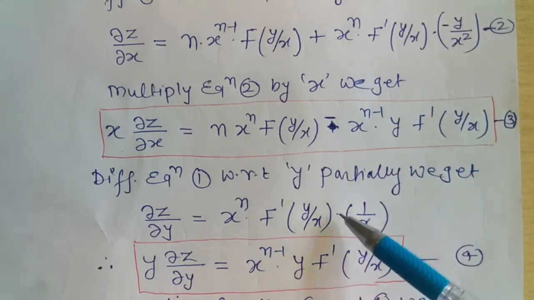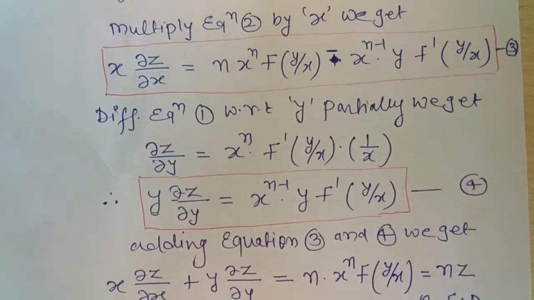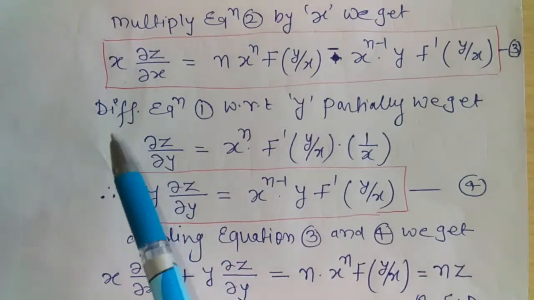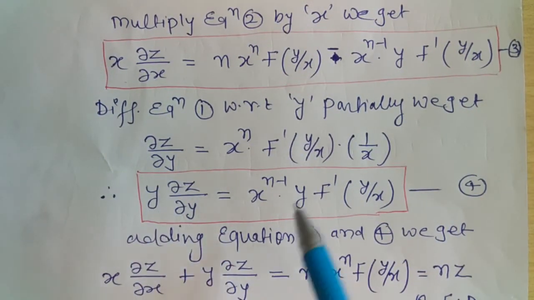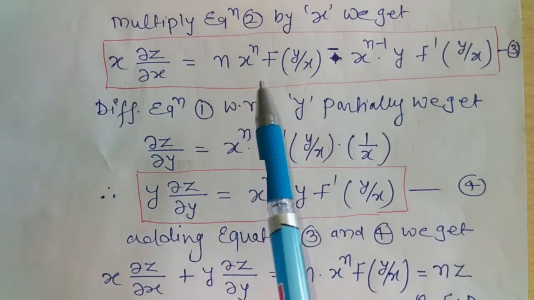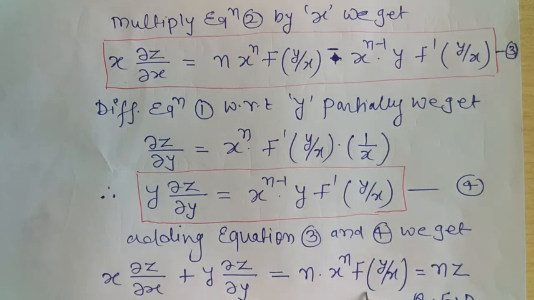Now we add equations third and fourth. Then this expression is cancelled and we have x del z by del x plus y del z by del y equal to n into x power n multiplied by function of y by x.